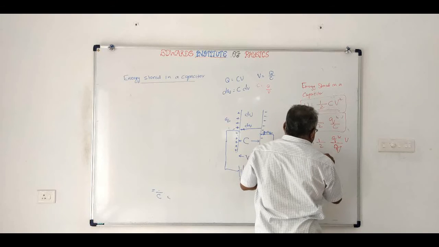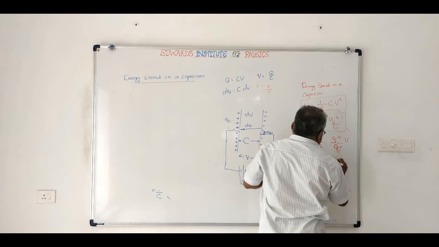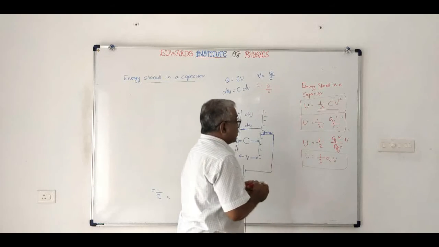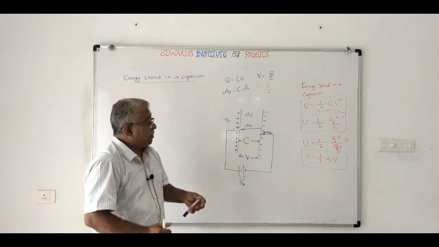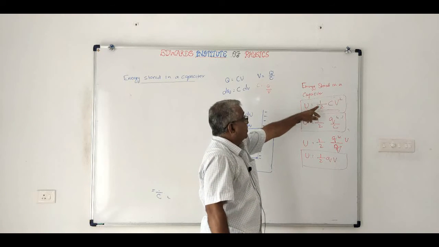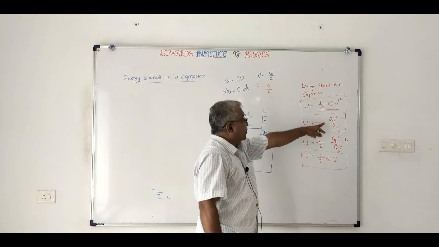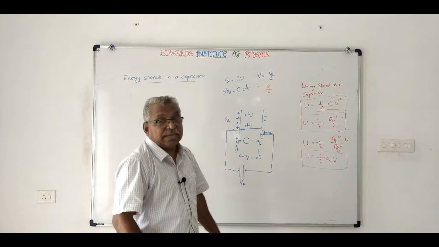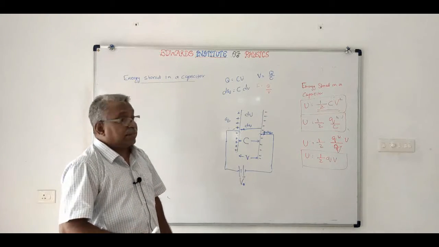U is equal to half QV. This is another formula for energy stored in a capacitor. So energy stored in a capacitor is either half CV square, or half Q square by C, or half Q into V.